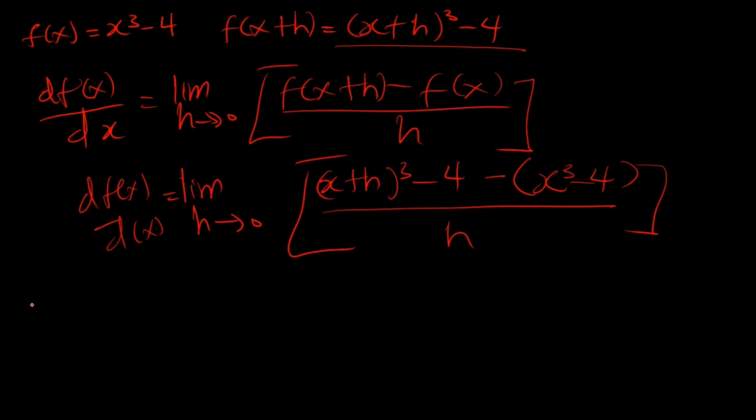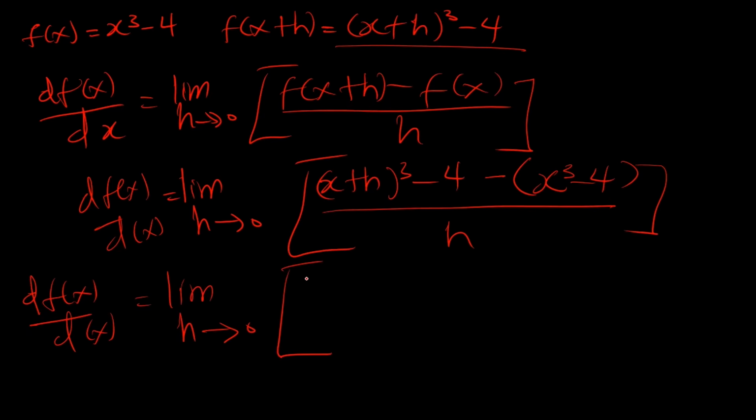So let's simplify what we have there. The f prime of x will be equal to the limit as h approaches 0 of, when we simplify this, we get x cubed plus h cubed plus 3x squared h plus 3x h squared minus 4.